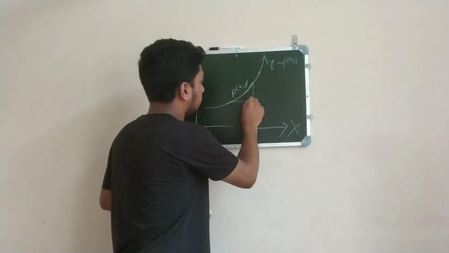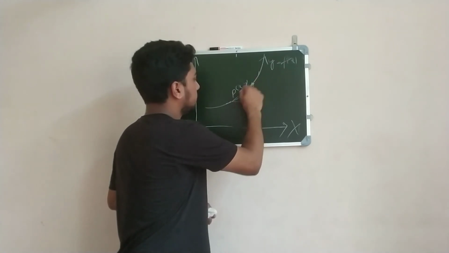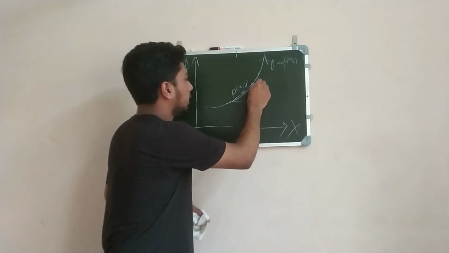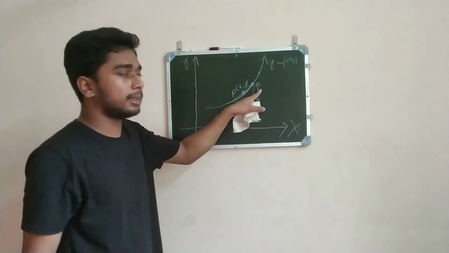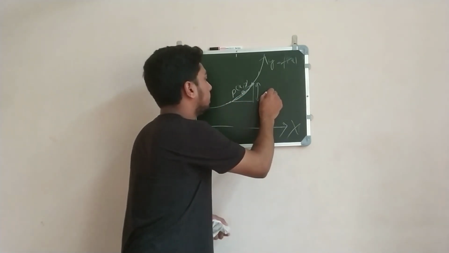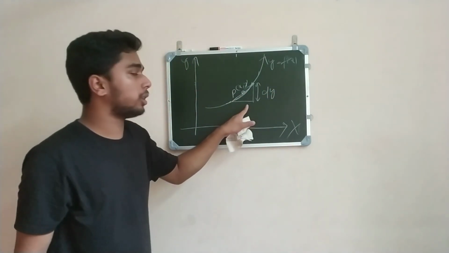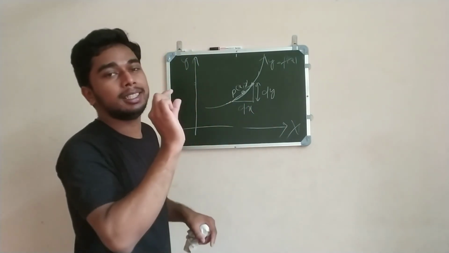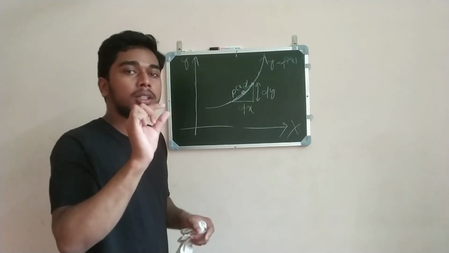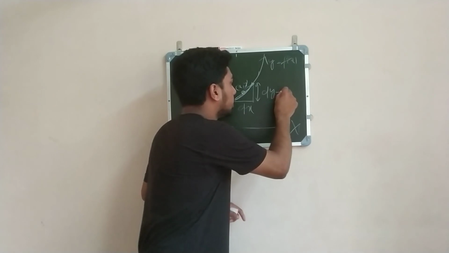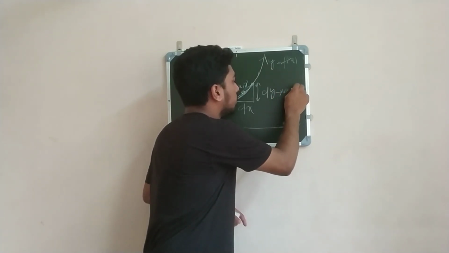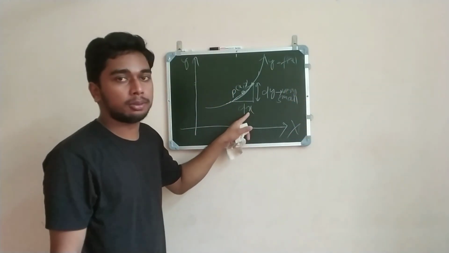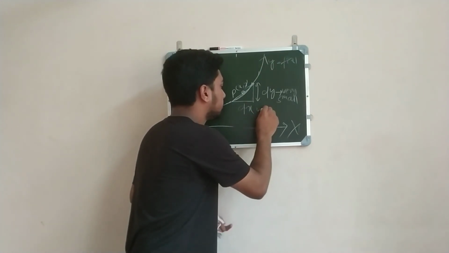So I considered this line. The vertical side is dy and the horizontal one is dx. Dx means I am considering a very small part, and you can consider dy also very small.